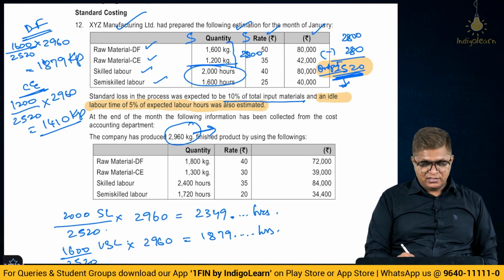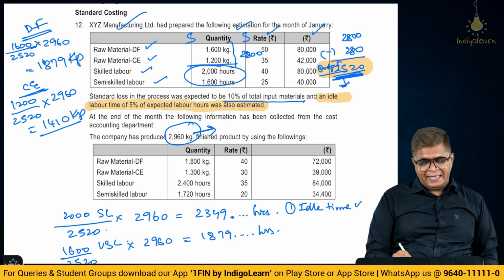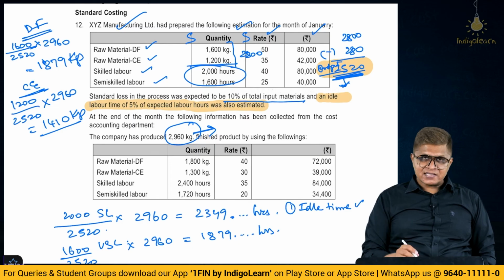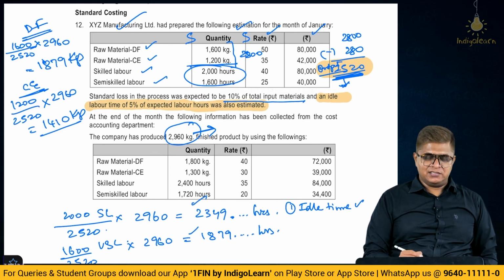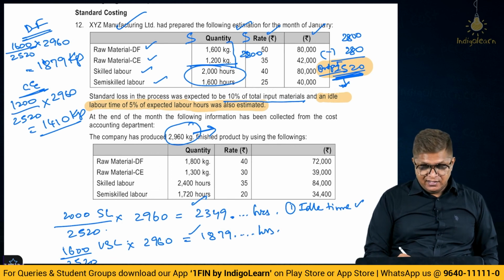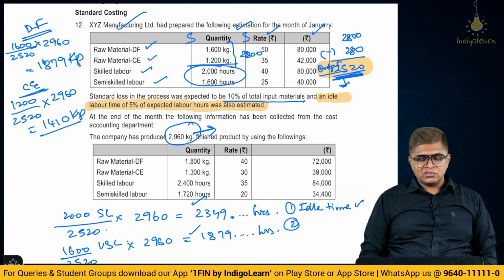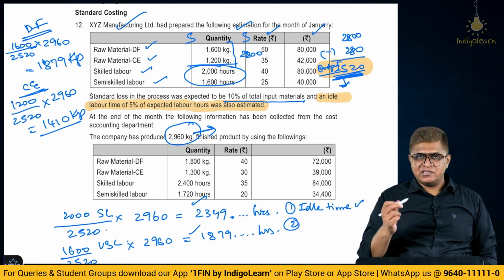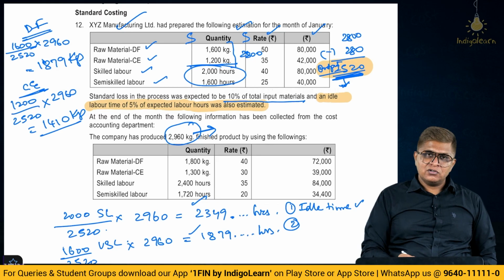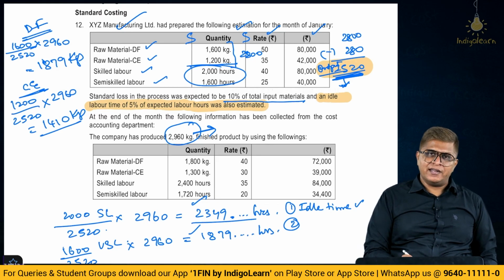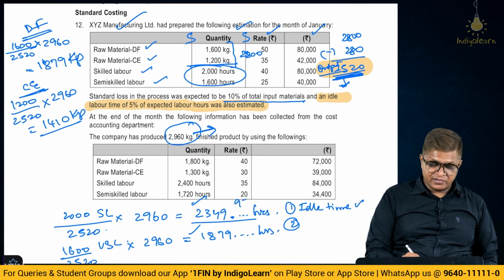Alright. So case 1, we will assume that this idle time is already included in it. If it is included, then I don't have to do any further adjustment to this number and this number. Second, if we were to assume that no sir, this time that they have given us is without idle time, we need to make a provision for idle time, then this 2349 I have to consider as 95%, find out 100%.